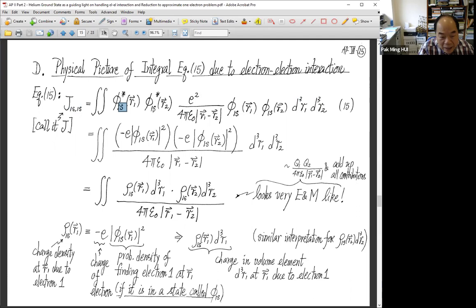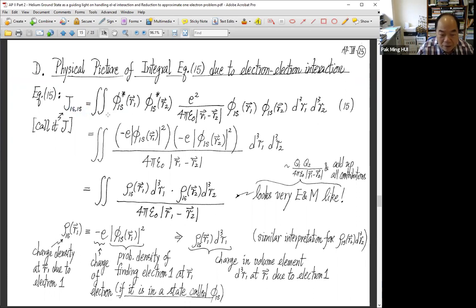and I also like to label it 1s, 1s. For that, I mean, I have 2 electrons, 1 in 1s, another also in a 1s state. Although we may not know what this 1s state is, meaning what this wave function is. What is the best choice of this wave function? We don't know yet. Nonetheless, the form already suggests that we can label this 1s, 1s. You may wonder what for.